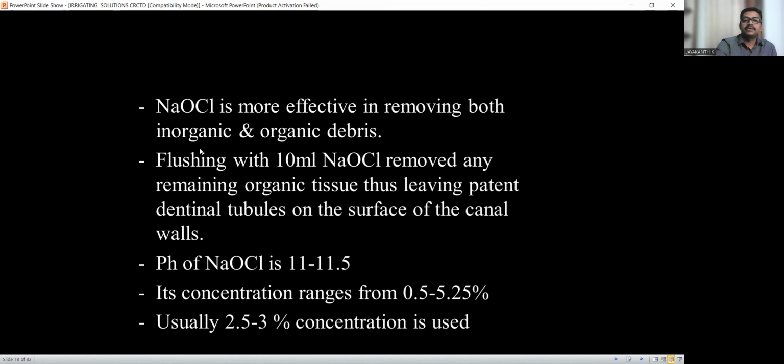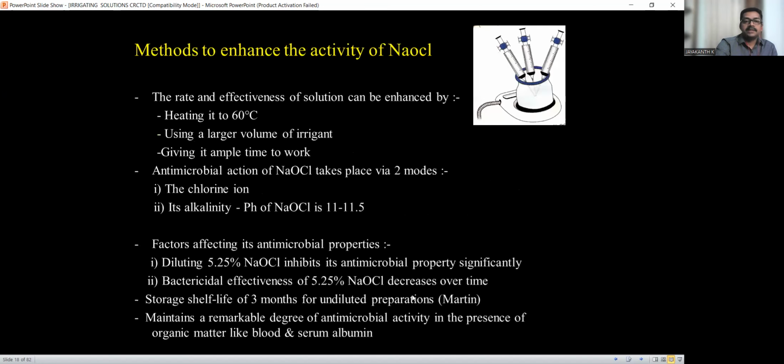Flushing with 10 ml of sodium hypochlorite removed any remaining organic tissues, thus leaving patent dentinal tubules on the surface of the canal walls. It is a highly alkaline solution; the pH of sodium hypochlorite ranges from 11 to 11.5. Its concentration, as I told you earlier, ranges from 0.5 to 5.25%. Usually 2.5 to 3% concentrations are preferred by clinicians because of its bad taste.